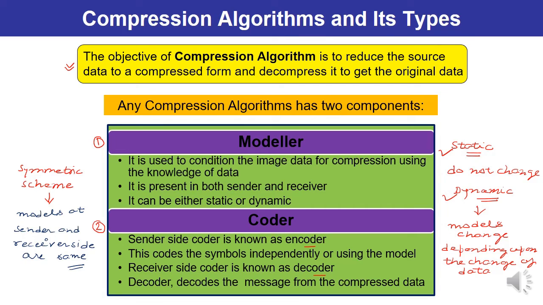Otherwise, the compression scheme will be asymmetric. This is the first case, symmetric if both the models are the same. Otherwise, it is asymmetric.